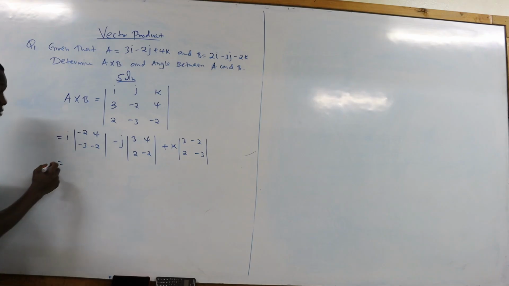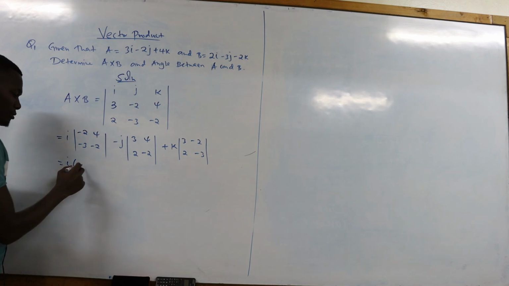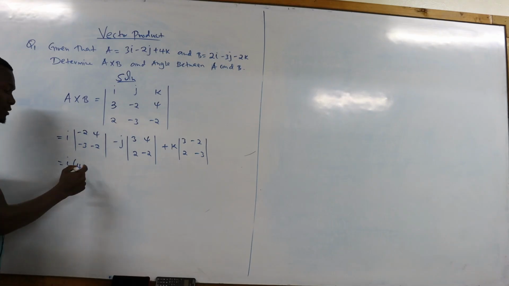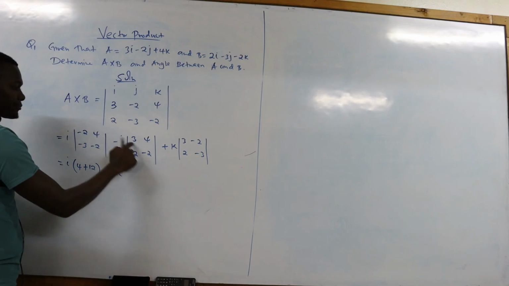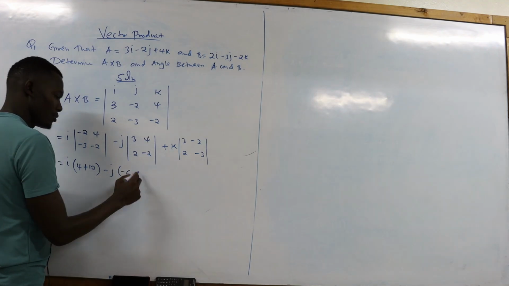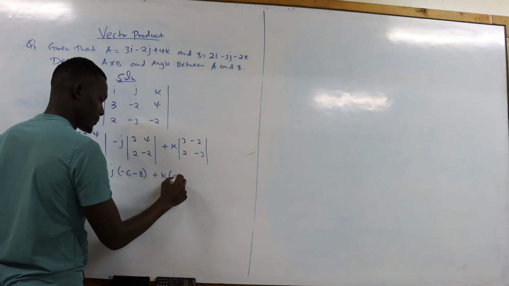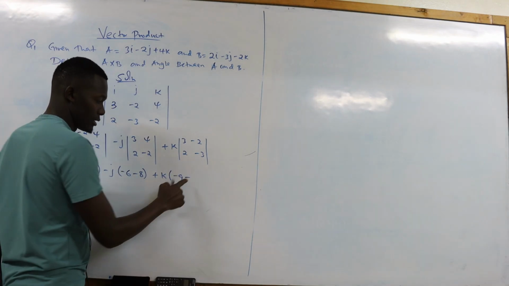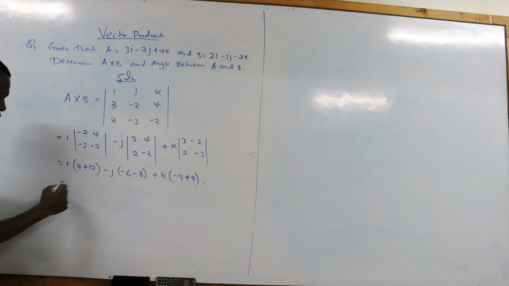Then from there, for my i: negative 2 times negative 2 gives me positive 4, minus negative 3 times 4, which is negative 12, and I have another negative, so this becomes positive. Minus j into bracket: negative 2 times 3, negative 6, minus 2 times 4, 8. Plus k: this times that, negative 9, minus 2 times negative 2, negative 4, and this one is a negative, so I have a positive 4.